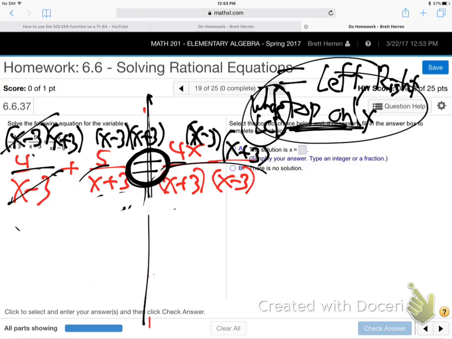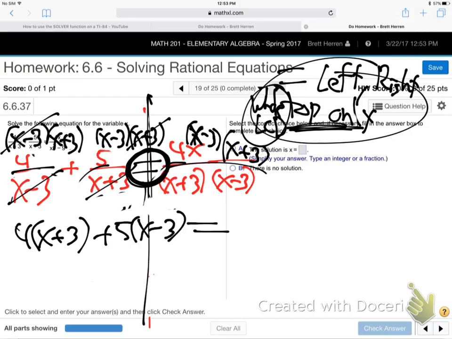So cancel, right? What's left? 4x plus 3, cancel. What's left? 5x minus 3 equals. Cancel, cancel. What's left? 4x. See what happened there? I cross-canceled and multiplied what's left over.